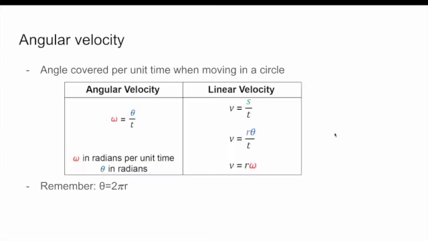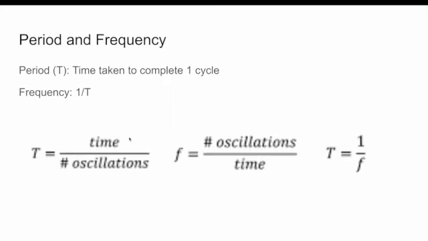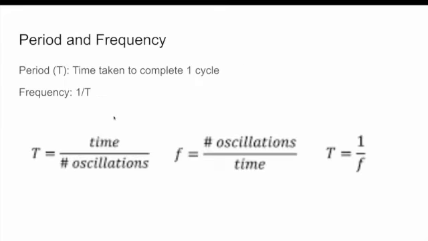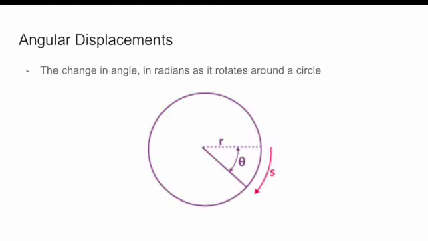Now, if we look at omega, we can also think that this is theta by t, and if we replace t with the period, then we can write omega as 2 pi f. That's something that's going to become really important in Unit C, but right now it's not so important.